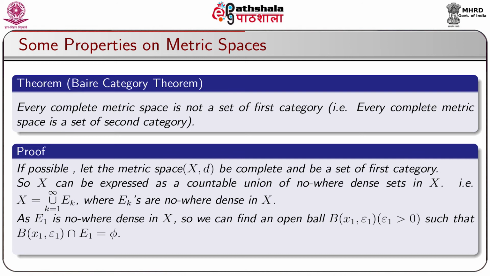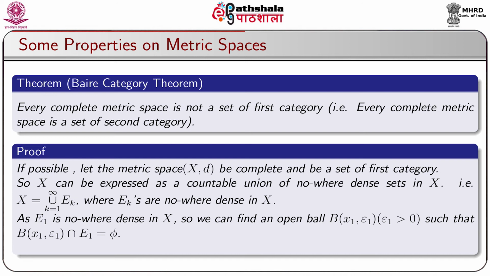The statement of this theorem is that every complete metric space is not a set of first category, that is, every complete metric space is a set of second category. We shall prove this theorem by the method of contradiction.